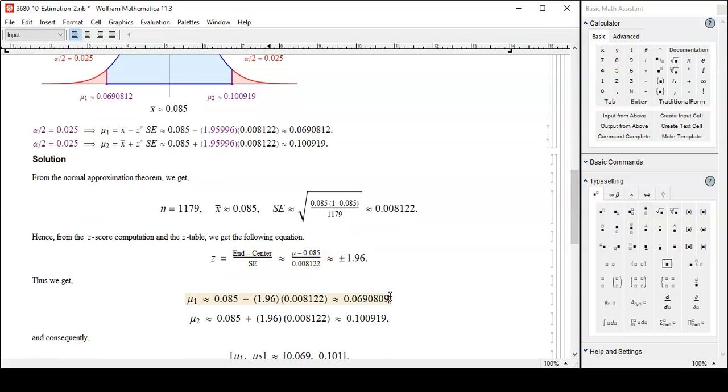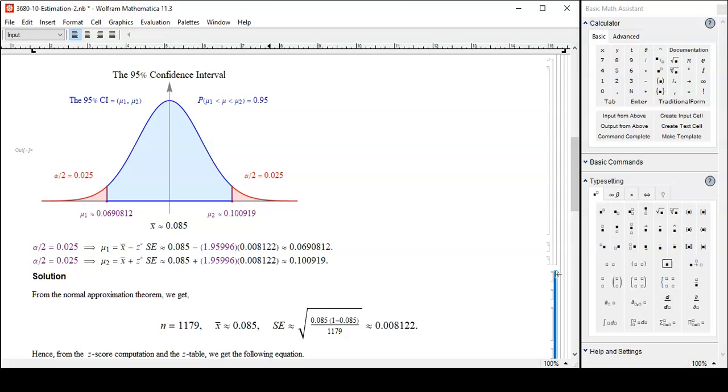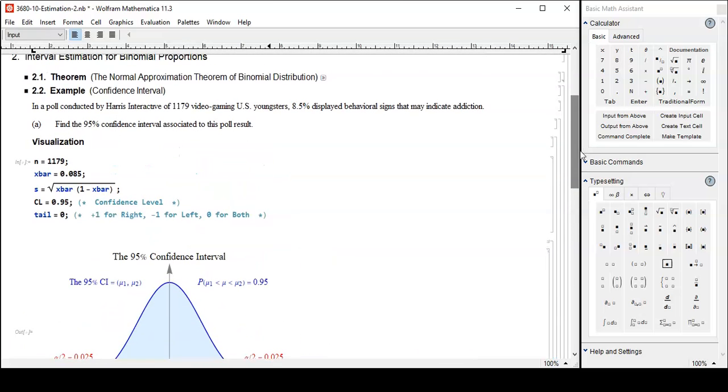And then you calculate left-hand side, right-hand side. So we have 6.9% to 10.1%. That is my 95% confidence interval.